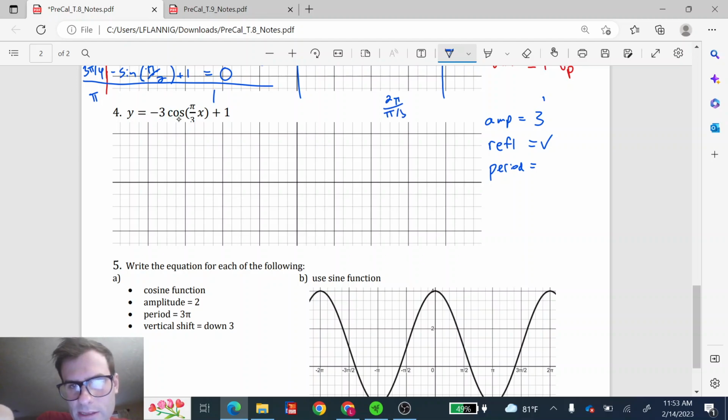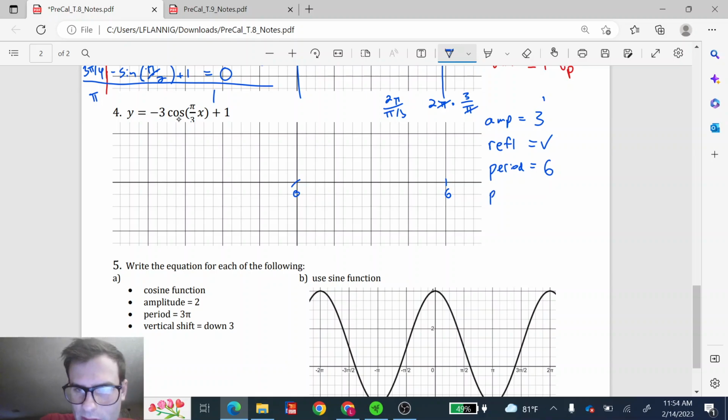So this is the same thing as doing 2 pi times 3 over pi, which would cut these out. So the period is actually just 6. 2 times 3, 6. These pi's cancel out. So we know this is going to be 6. This is going to be 0.